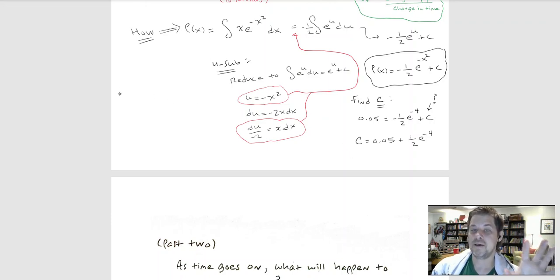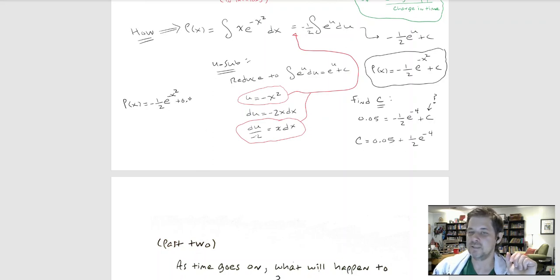Okay. Now my final answer I'm going to put over here. P of x, the function that tells you the population at any time, is going to be -1/2 e to the -x squared plus c, but I find c to be this complex looking number over here.